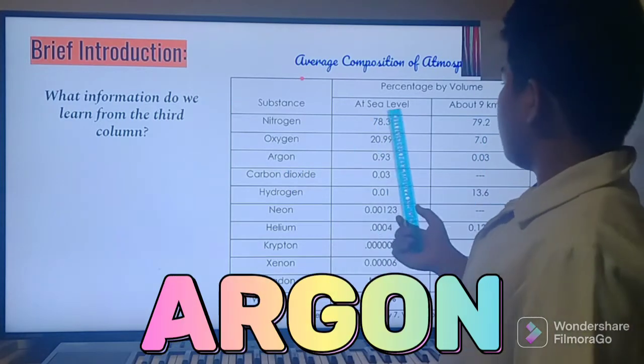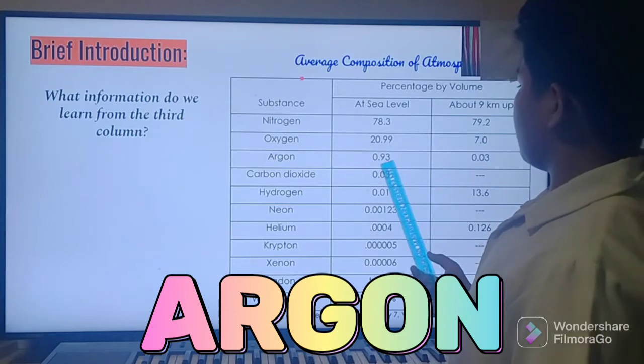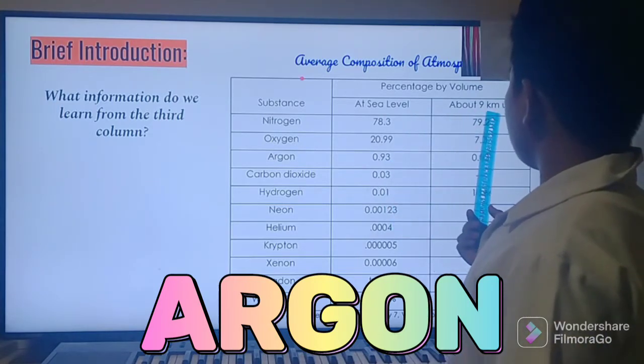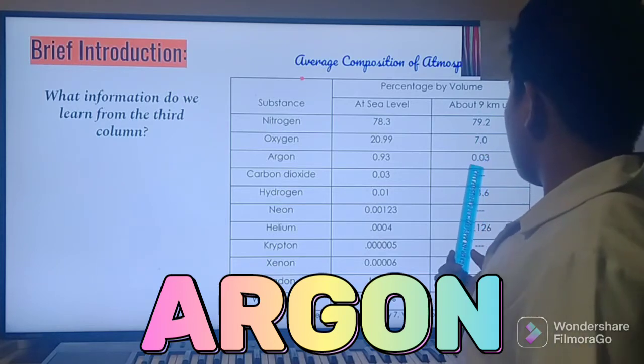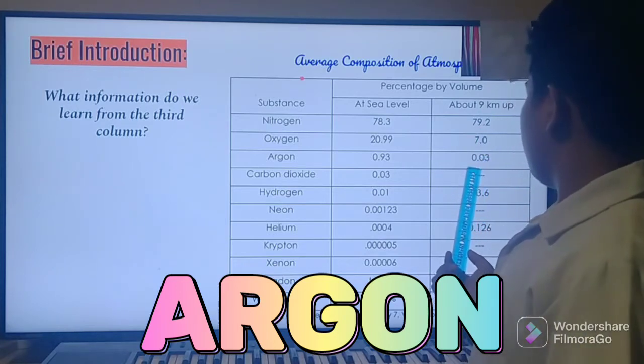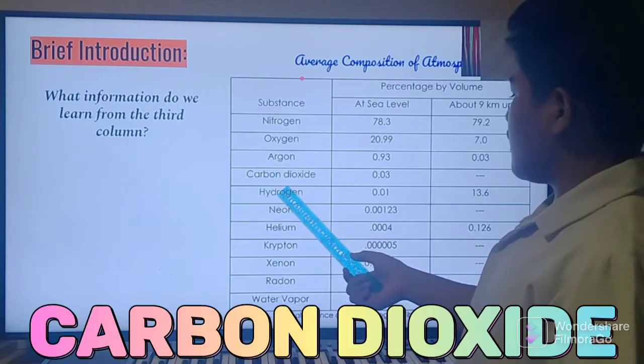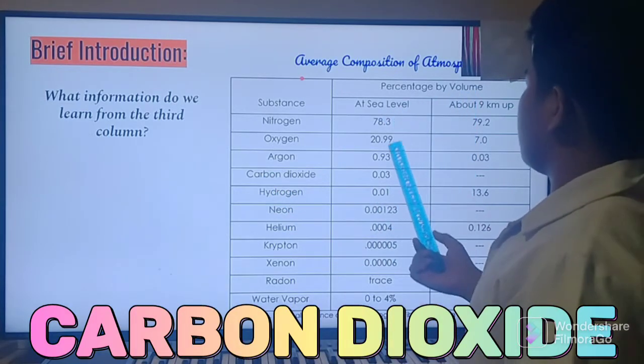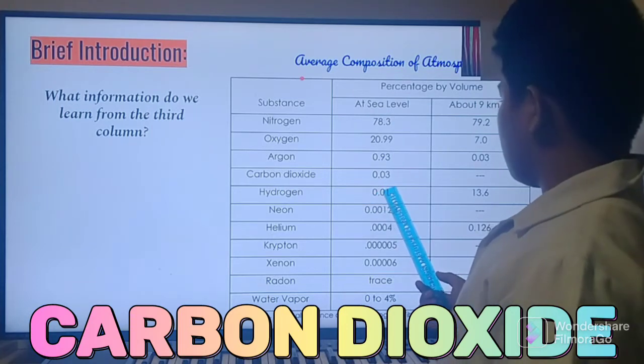Argon, the percentage by volume at sea level is 0.93 and about 9 kilometers up is 0.03. Carbon dioxide, percentage by volume at sea level is 0.03.